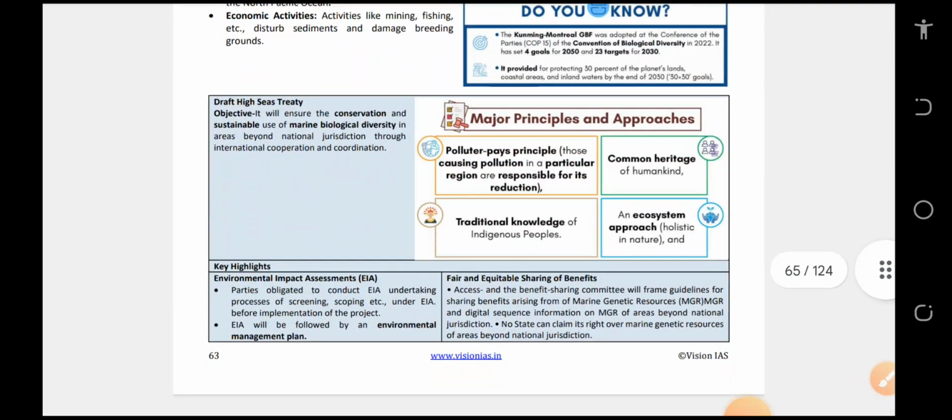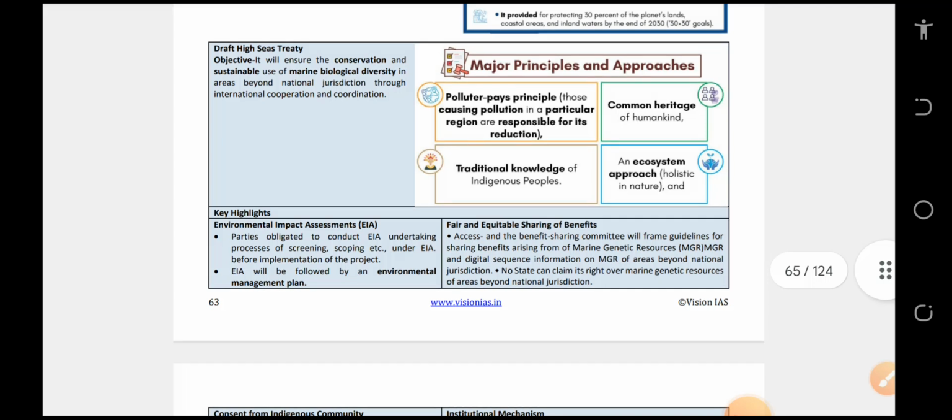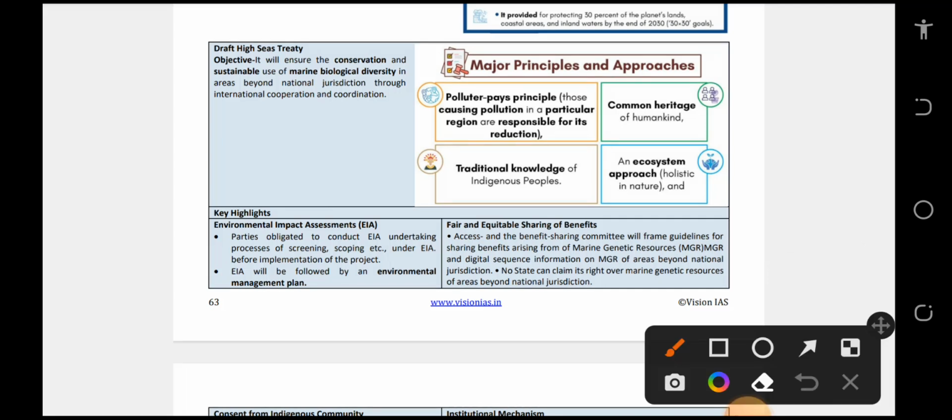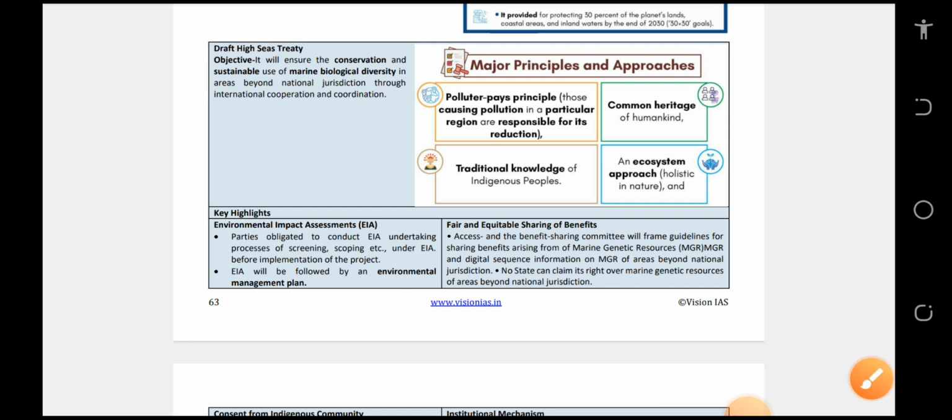The next important point given here is the major principles of the draft High Seas Treaty. The objective given here is that it will ensure the conservation and sustainable use of marine biological diversity in areas beyond national jurisdiction through international cooperation and coordination.